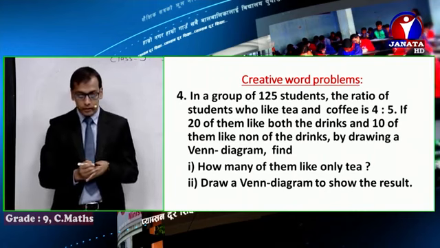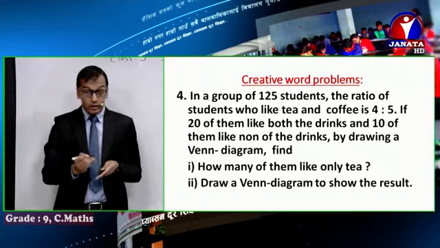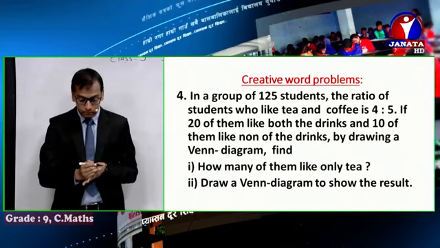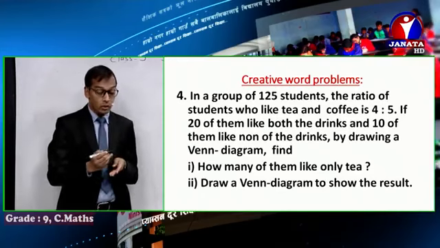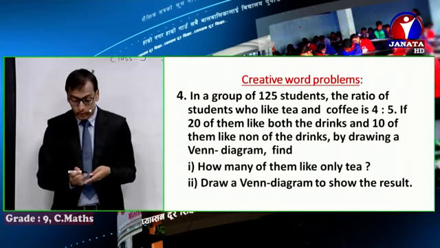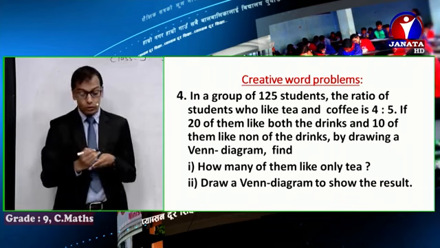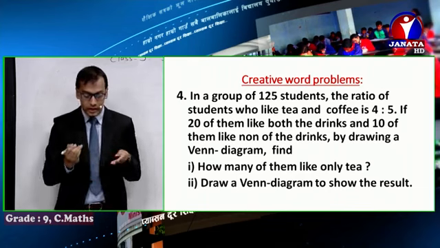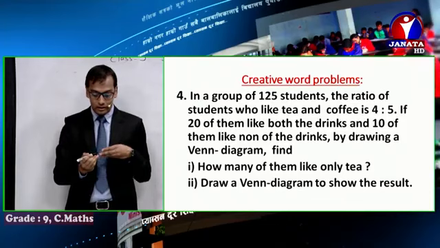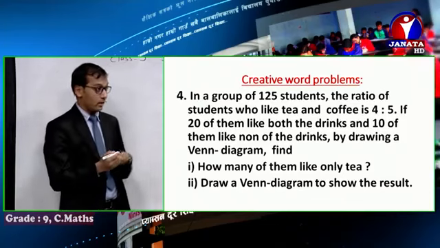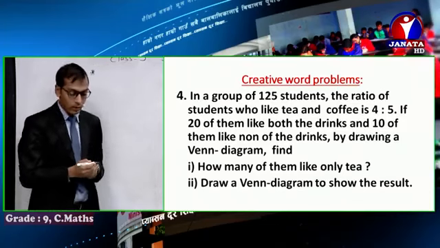So here, according to the question, there are a total of 125 students. Out of them, the ratio of students who like tea and coffee is 4:5. So let's write this in mathematical language. Let's start from the first part.